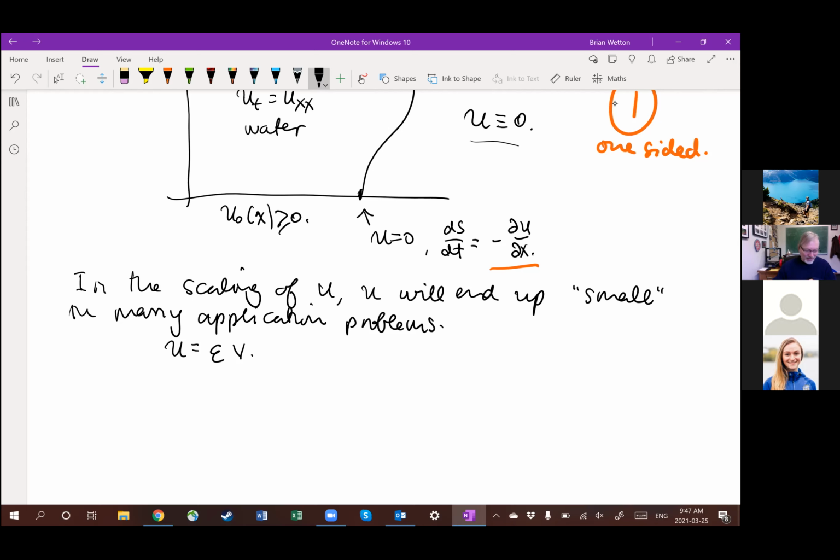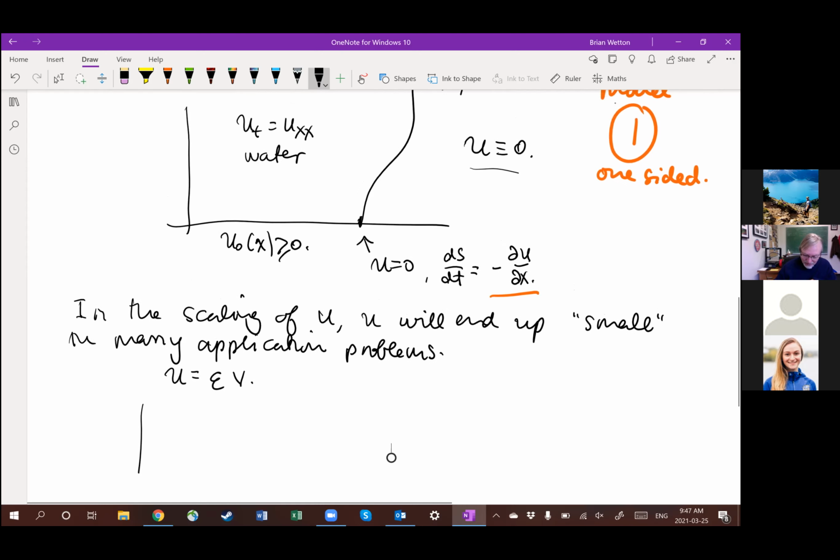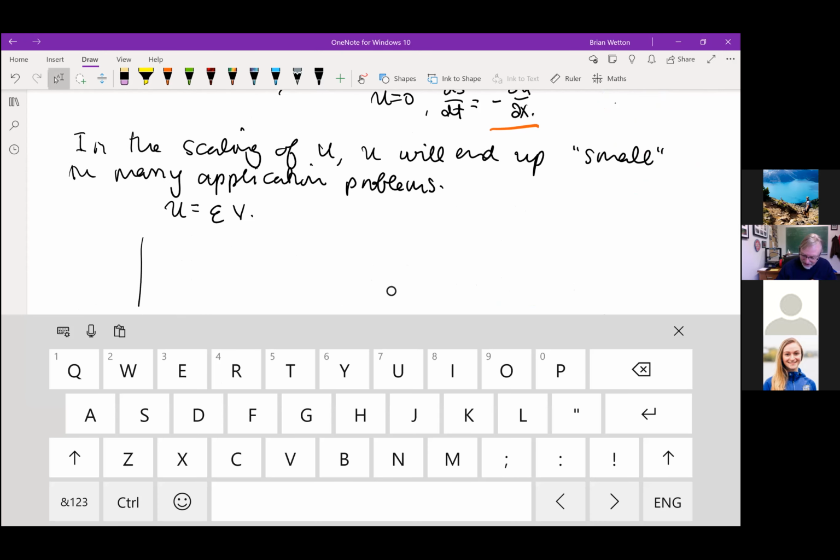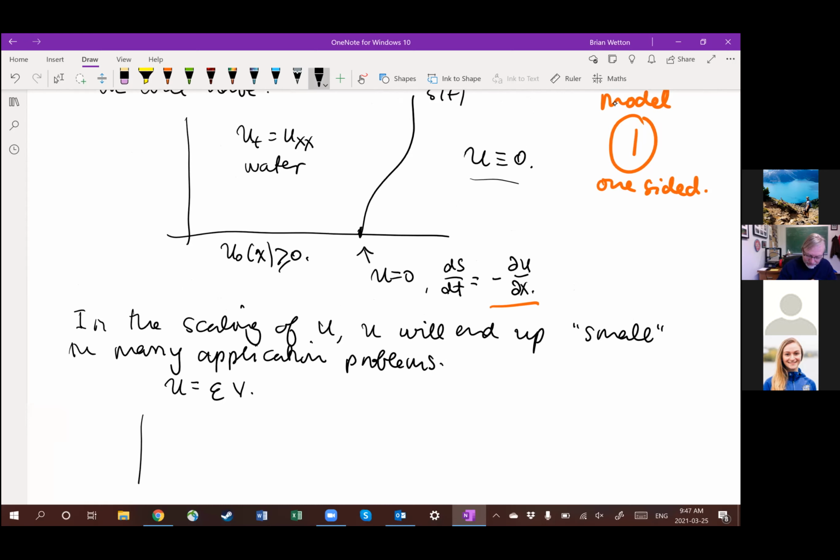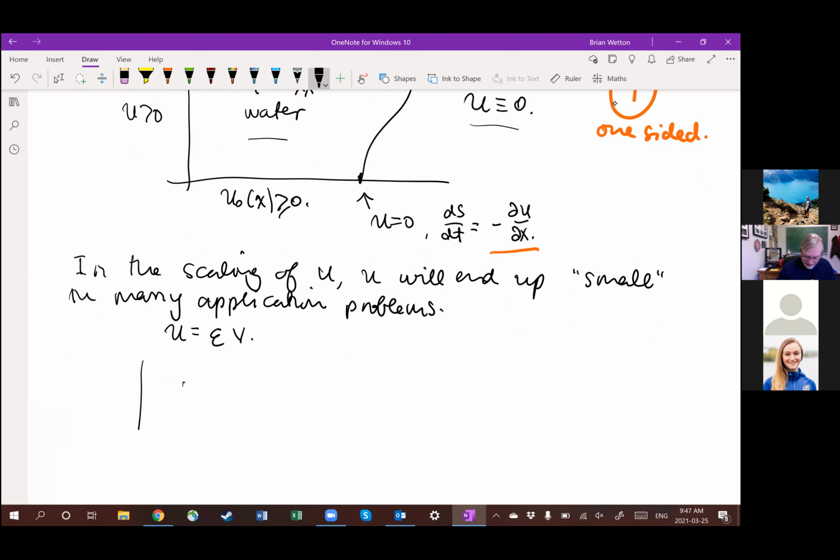We're not going to worry about the correction in this. So if I do that, of course, I don't change this equation because I've got epsilons on both sides. So I'm going to get VT is VXX.